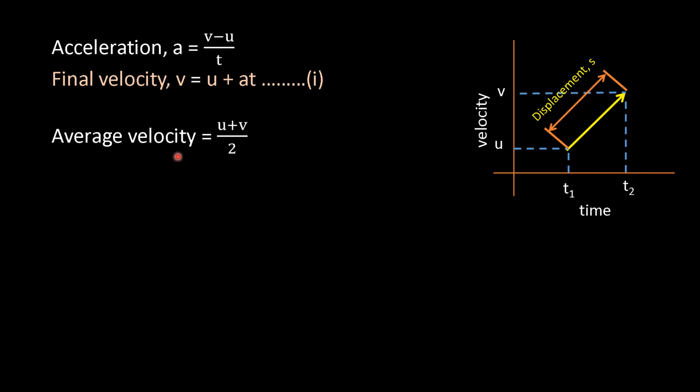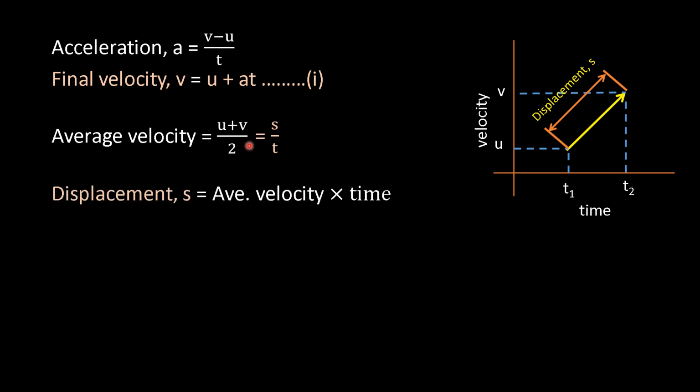Now average velocity is initial velocity plus final velocity divided by 2, which incidentally is also equal to displacement s upon time. Displacement s becomes average velocity, which is this, multiplied by time, which is this. So we write s equals u plus v by 2 multiplied by t.